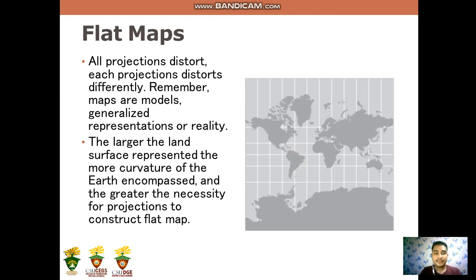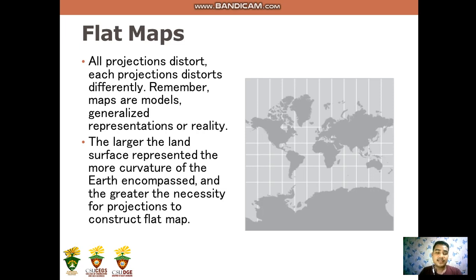And in flat maps, all projections distort, and each projection distorts differently. So tanan nga klase sa projections na distortion. And each projection distorts in a different way, unique siya. Remember that maps are models, generalized representations of reality.